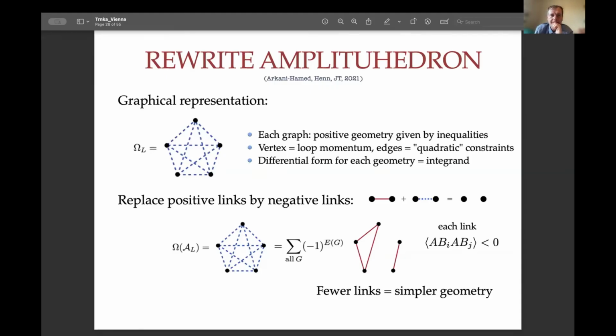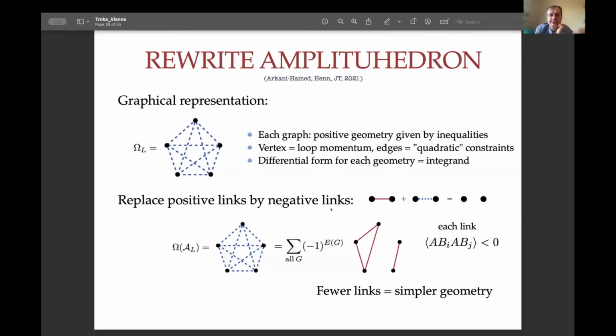Now, the quadratic inequality says that the 4-bracket of the lines connected by this edge in the graph is positive. So the other option to being positive is also being negative. So we would denote this option with a solid red line. And if we take the union of these spaces, then there is no condition because it can be both positive or negative.